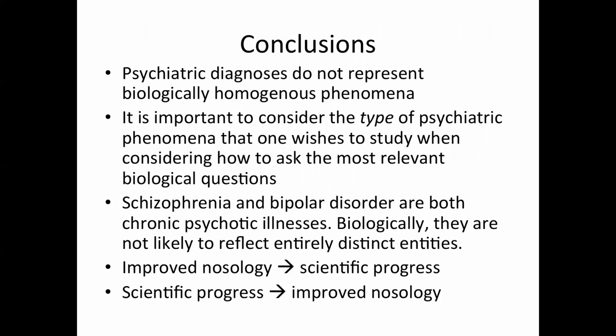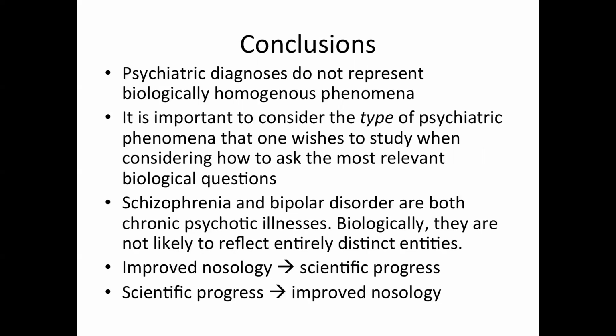So I want to conclude by reinforcing that psychiatric diagnoses don't represent biologically homogeneous phenomena. It's important to consider the most relevant perspective for the psychiatric phenomena that one wishes to study when considering how to formulate the most relevant biological questions. Schizophrenia and bipolar disorder are both chronic psychotic illnesses, however, biologically, they're not likely to reflect entirely distinct entities.